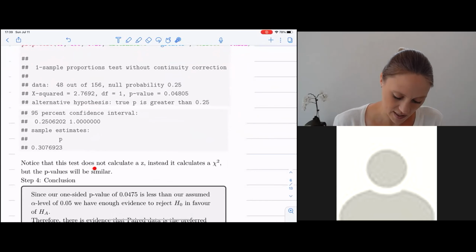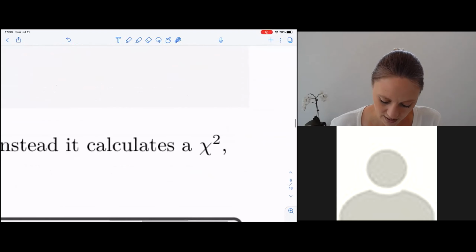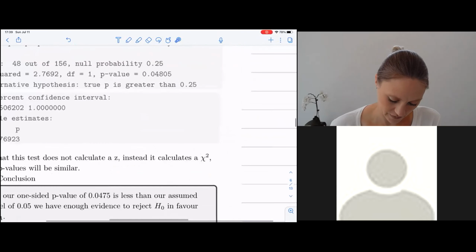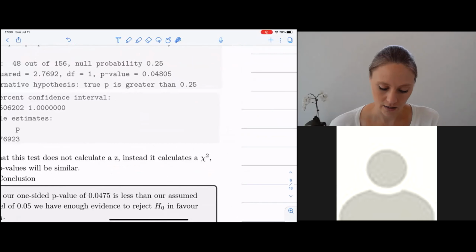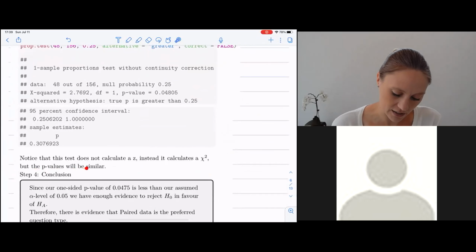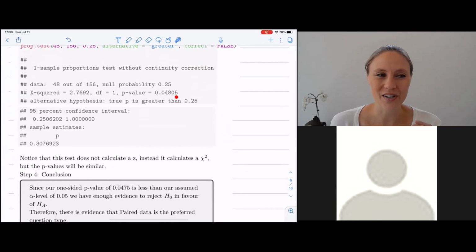So notice that this test does not calculate a Z, instead it calculates this. This is the Greek letter chi, squared, spelled C-H-I, but pronounced chi. Chi squared, but the p-values will be similar, so 0.04805. But remember, R is able to use the whole number.